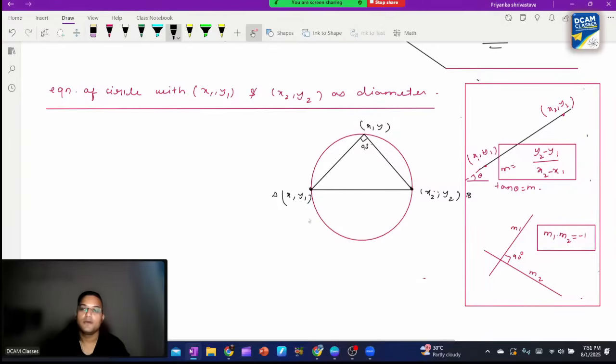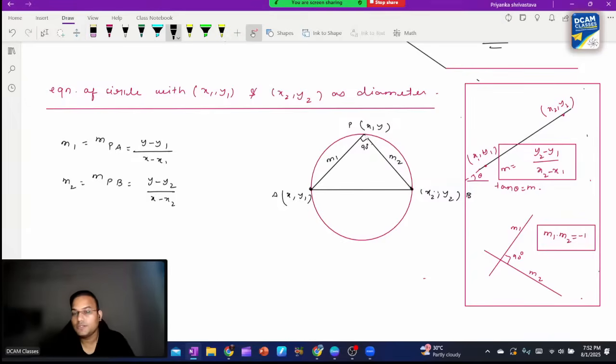Yes, sir. Now what we are applying here: we find the slope of line PA and the slope of PB. Slope of PA will be (y minus y1) by (x minus x1), and the slope of PB will be (y minus y2) by (x minus x2). This is m1, this is m2.